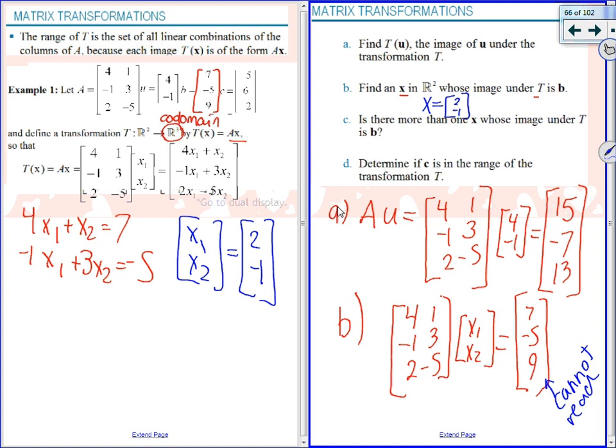Is there any other pre-image of X, or is this the only one? Would it be the only one because you solved for it? Correct.